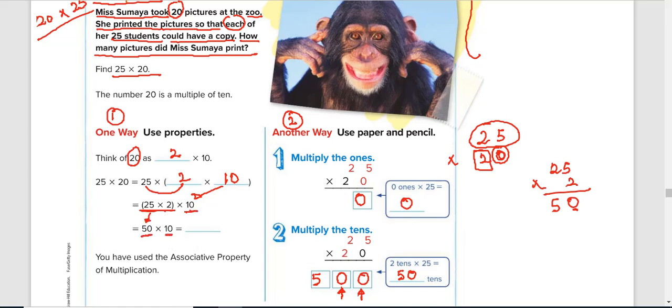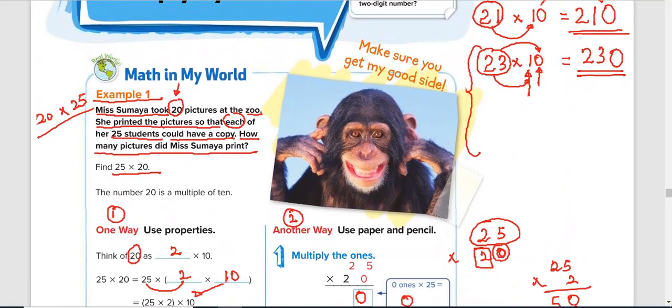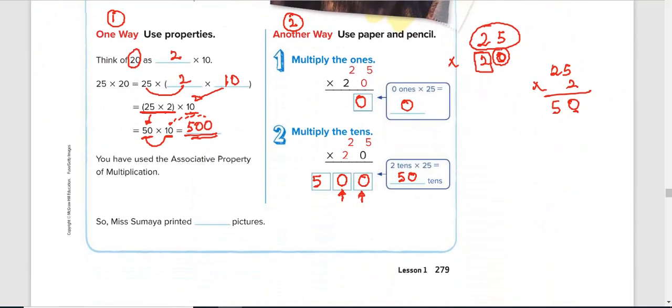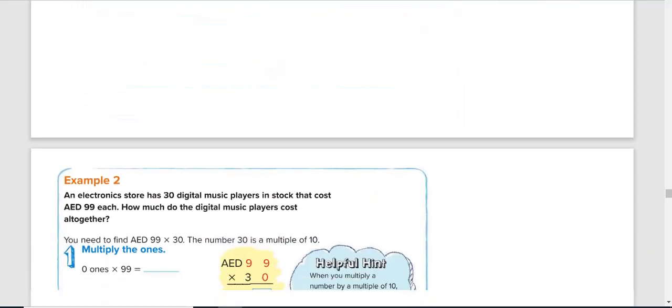Then we have times 10. Remember, 50 multiplies 1, 50. And we have this 0 to put here. You get your 500. Quite easy. Alright, so this is what it's all about. Very easy to do. So all you have to do is to practice, solve more questions for better understanding.